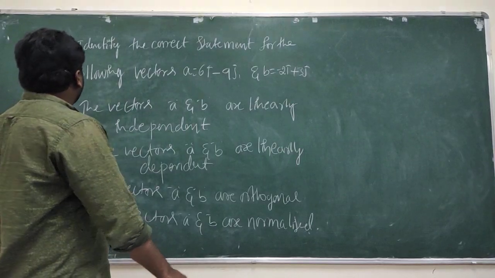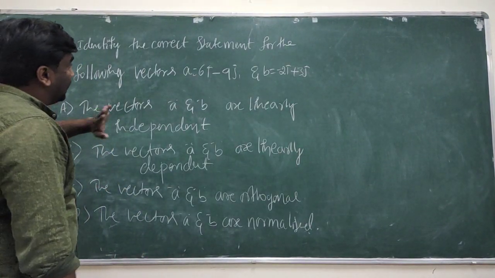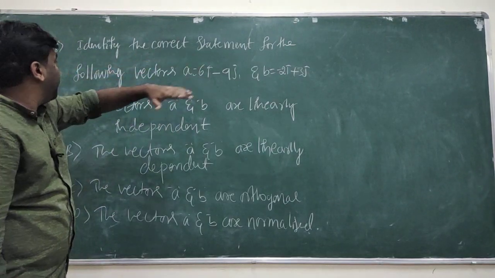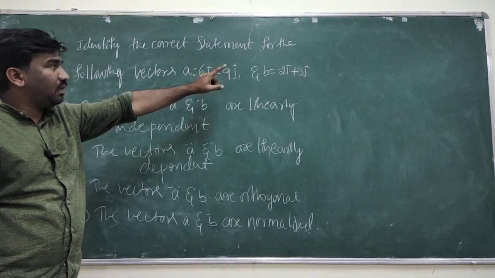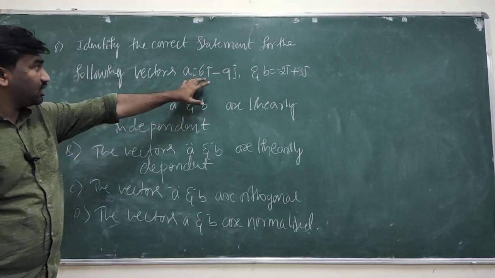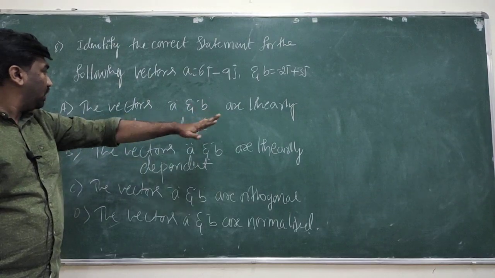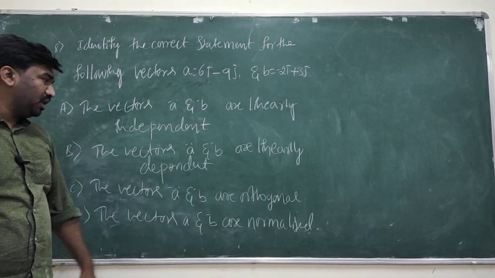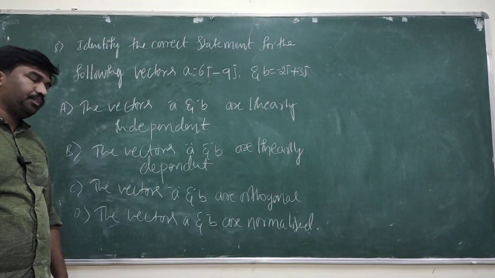So this is question number 8, which is on linear vector space. Identify the correct statement for the following vectors: A is equal to 6i minus 9j and B is equal to minus 2i plus 3j. So A and B are the two vectors, and whether these two vectors are linearly independent or linearly dependent, or vectors A and B are orthogonal, or vectors A and B are normalized.